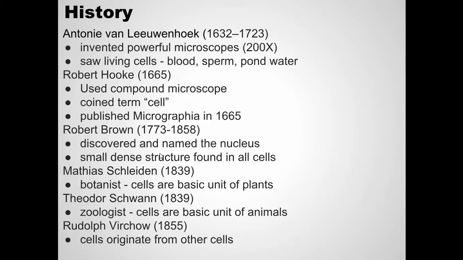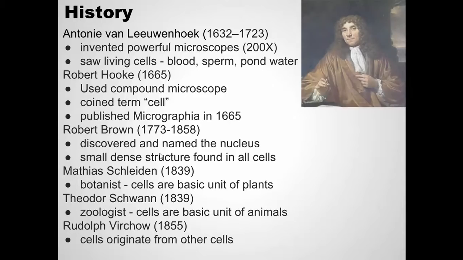Anton van Leeuwenhoek was the one that made, he's the one with the curly hair, probably a wig, right? He's the one that made these strange kind of microscopes where you would just hold them up, and they're a little plate of metal, and embedded in that metal was a little tiny glass lens that he made.